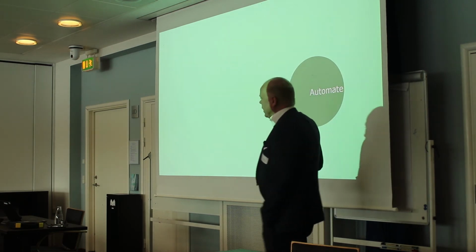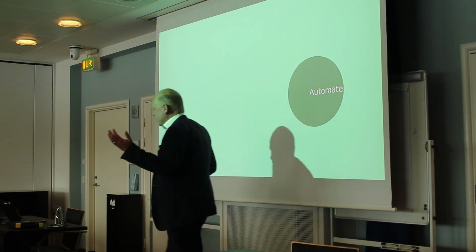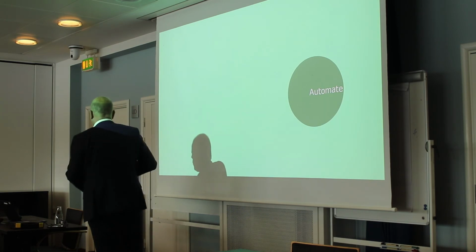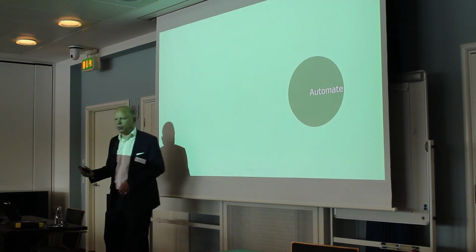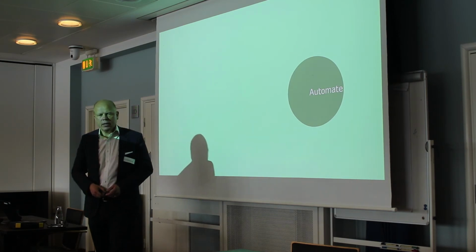So that was a bit about thinking fast and slow, and it was a bit about designing a process so it actually engages people with the right questions at the right time.